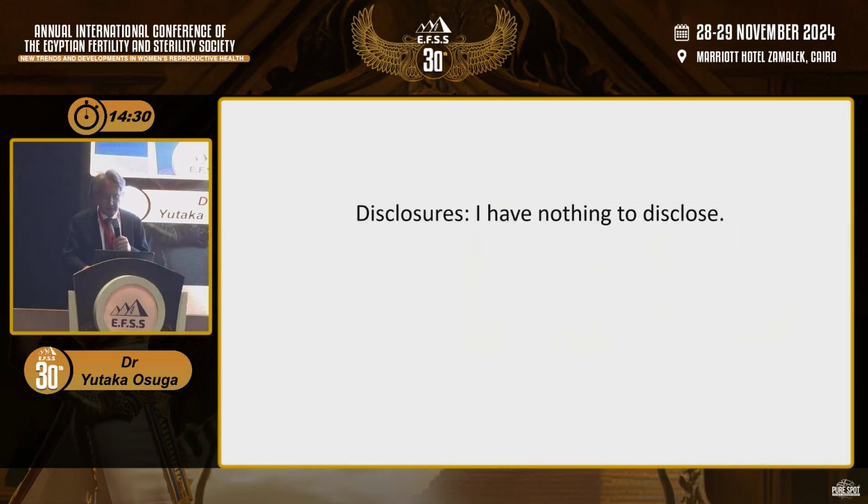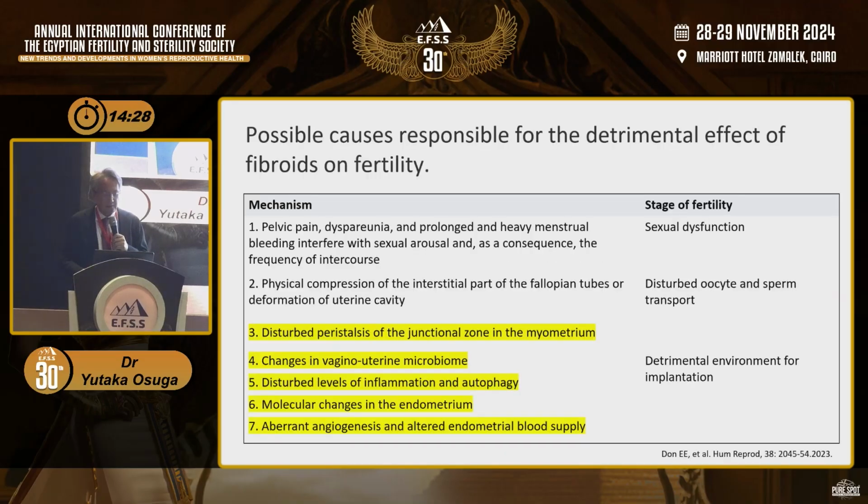First, fibroids. There are many possible causes responsible for the detrimental effect of fibroids on fertility, and as shown here, the highlighted ones are related to implantation.